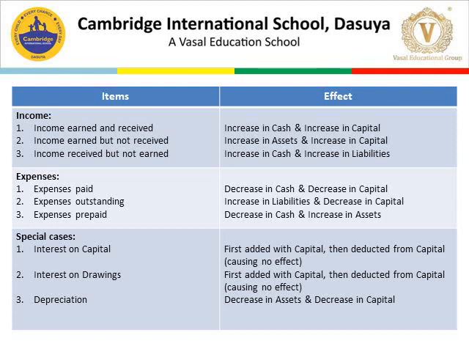Number three, depreciation. Depreciation is an expense, but it reduces the value of assets. So it decreases the value of assets and decreases the amount of capital. So these are the three special cases, and we have seen all these items and their effect on the accounting equation. This was already done in the previous classes. It is just a recapitulation of the items and their effect in the accounting equation.